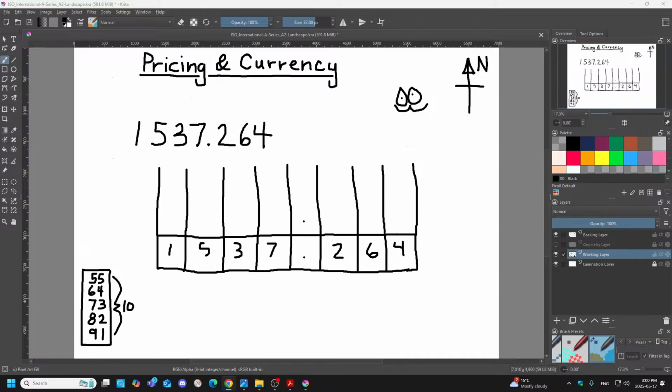Obviously this is the decimal. I don't really have the room and I don't want to write it sideways, so I'm just going to write it like this. Decimal.